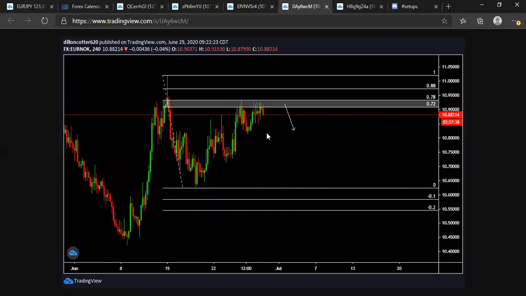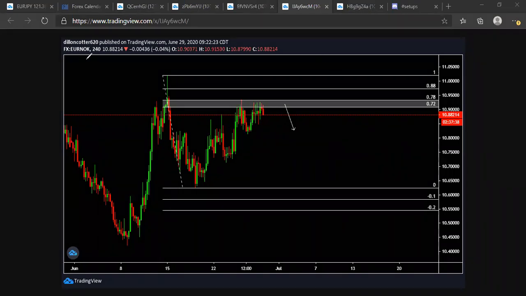Now, another recent setup that I have taken is on the 4 hour on Euro NOK, which would be the Norwegian krone. We have this last up candle before this aggressive move down.